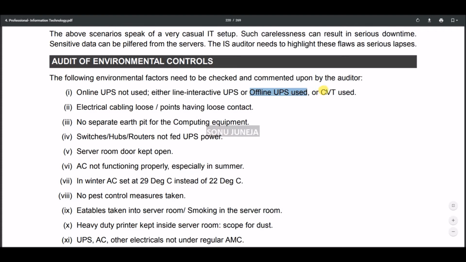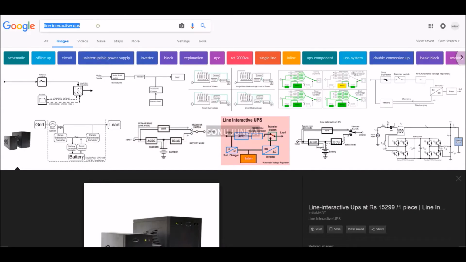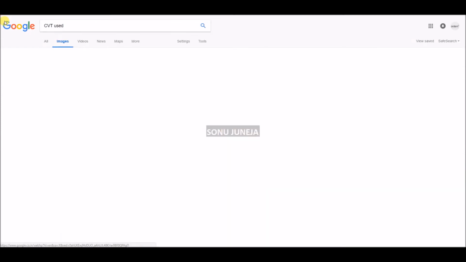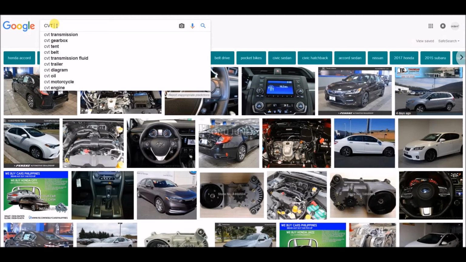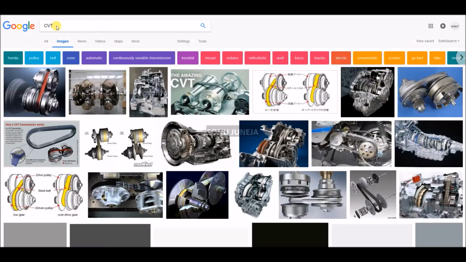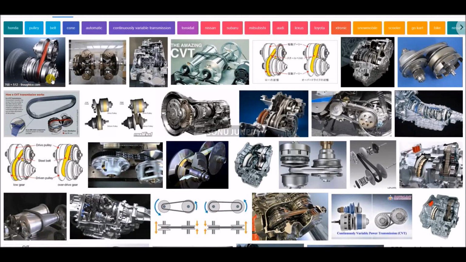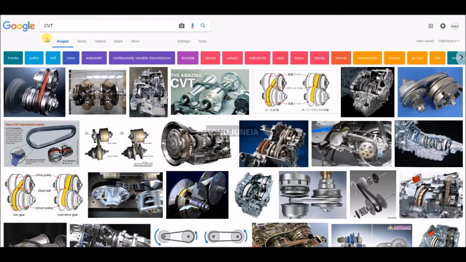or offline UPS use or CVTs use. CVT UPS. CVT, even I don't know what exactly it is.